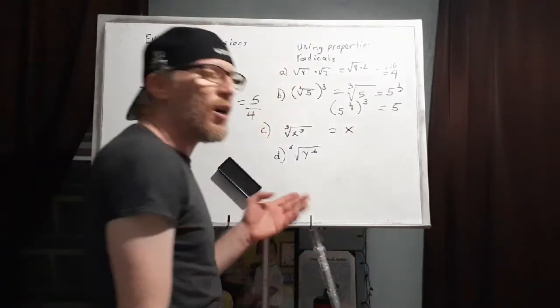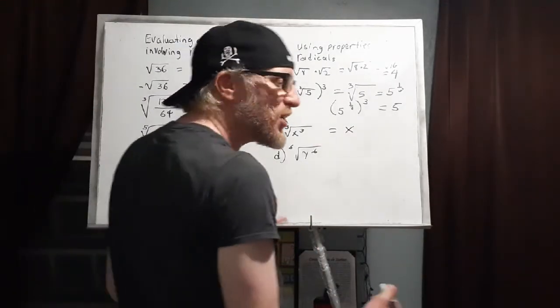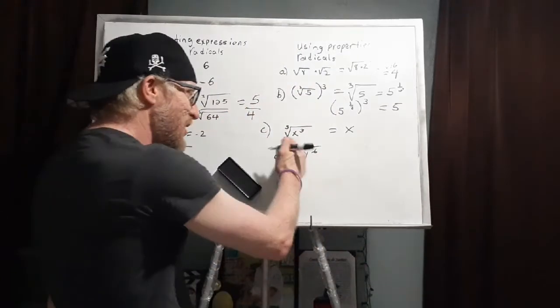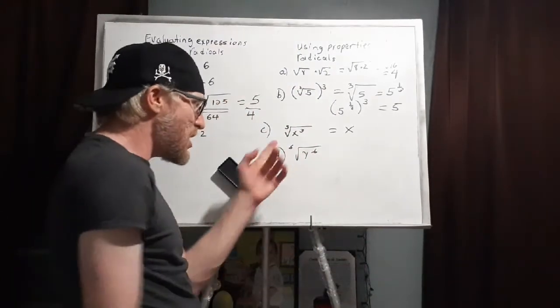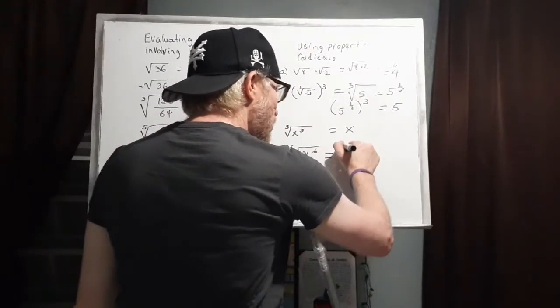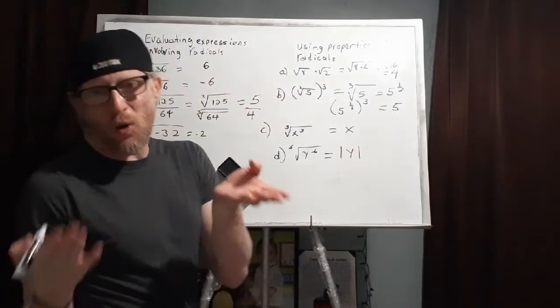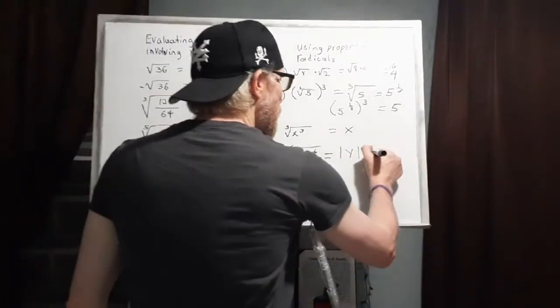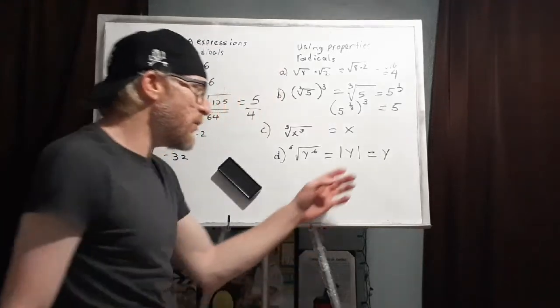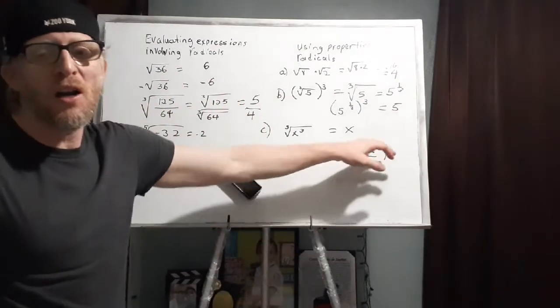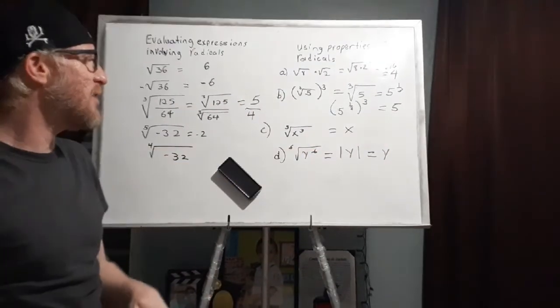Now, in the case of y to the power of 6, it's the same thing. This 6 and this 6 are going to cancel out, but because they're even, the property states that you leave it expressed as the absolute value of y, although we do know that the absolute value of y equals y. So whether you leave your answer expressed as the absolute value of y or y, essentially you're going to get the same answer.